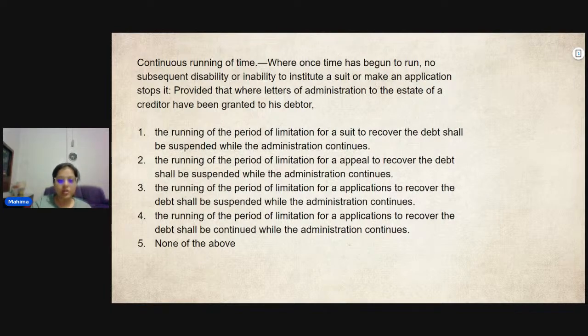The same for an appeal, and for an application, shall be suspended while the administration continues. The last option says it shall be continued while the administration continues.